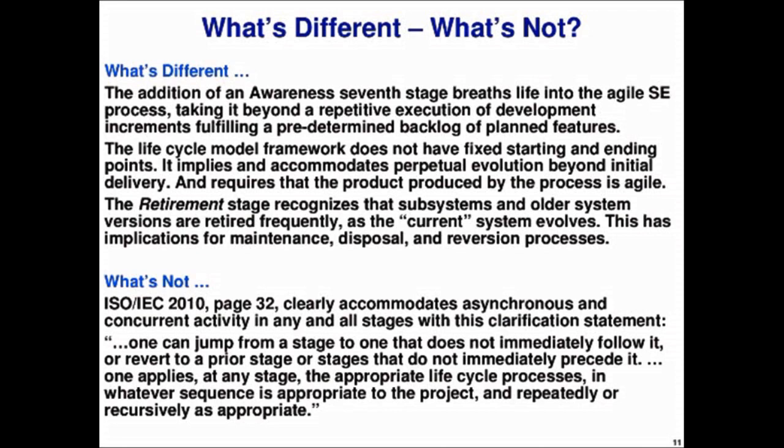I'm not going to read the text, but basically it says right there in black and white that there is no expectation in the standards that stages happen in sequential activity, nor that they happen one at a time. And that was good for us to come to understand, because what we didn't want to do was come up with something so completely different that 15288 would have to be scrapped.